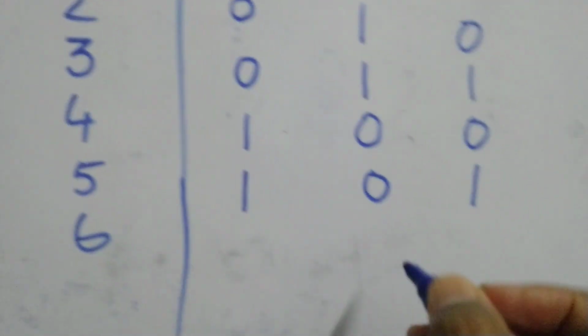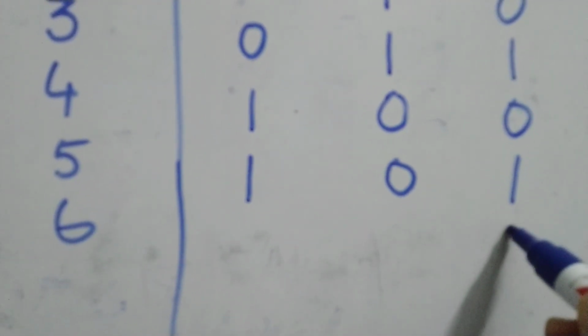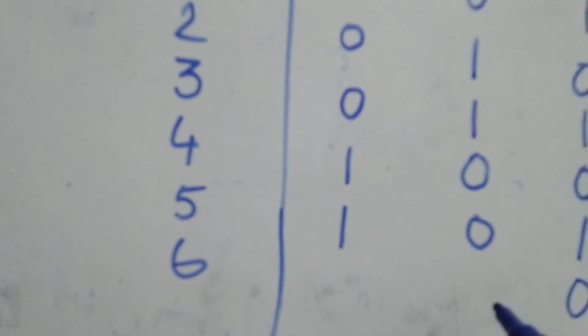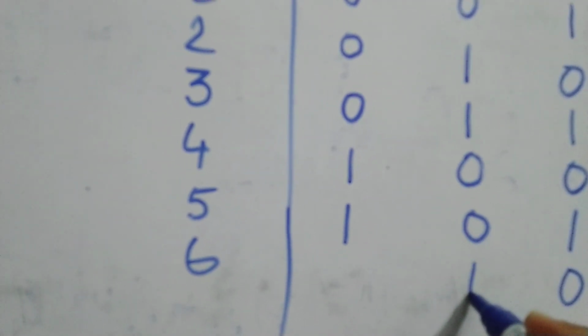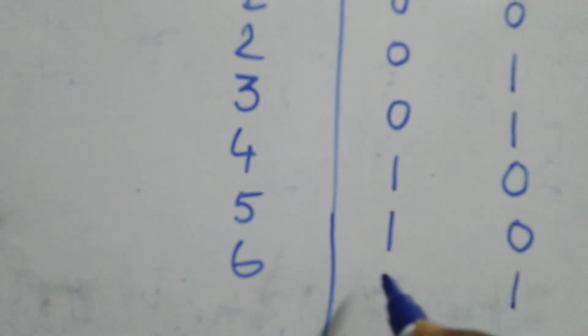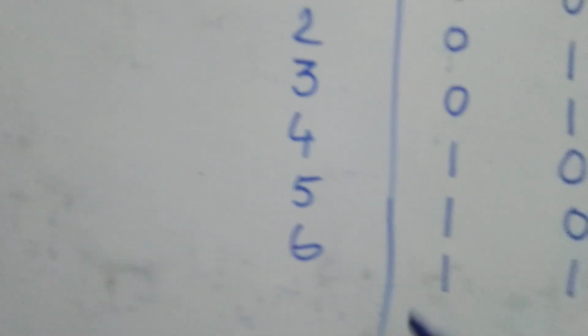Then the sixth state, when we apply the clock pulse, the output toggles to 0. So the second flip-flop is activated and it toggles to 1, and the third flip-flop remains in the same state.